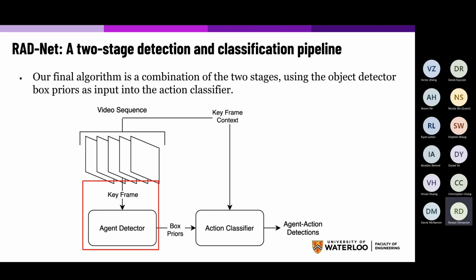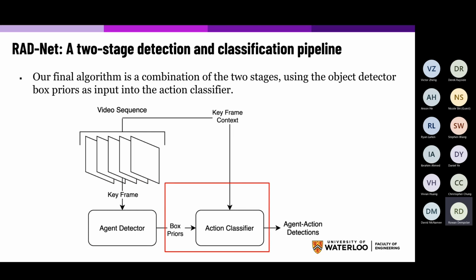We take that keyframe, which is usually selected as the middle frame, and pass it through the agent detector, which produces the box prior. Then those box priors, along with the context, that view around the keyframe, are passed into the action classifier, which then produces these dual classifications that contain the agent as well as the action classes.